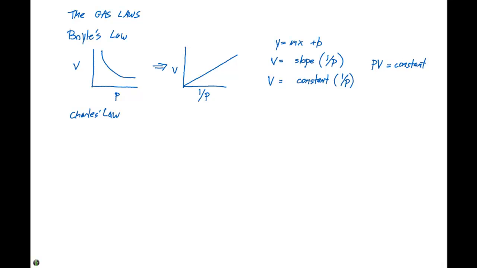He plotted volume versus temperature, carried out a variety of experiments, and found that this relationship was linear. He didn't have to manipulate things like Boyle did, but he said we can say that the volume is going to equal a constant times the temperature, or the volume over the temperature is going to equal a constant.